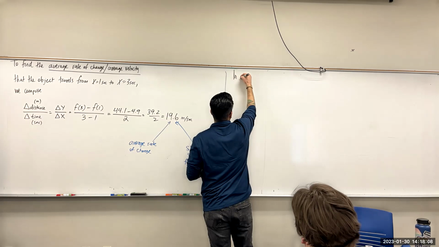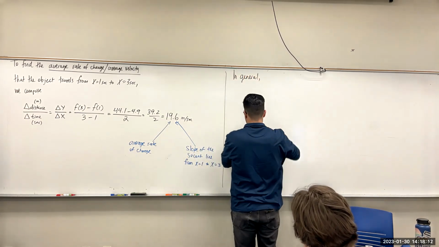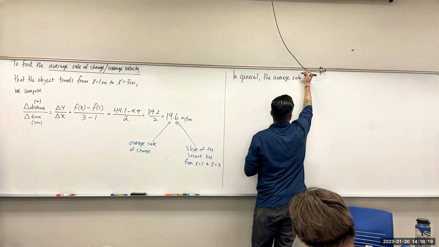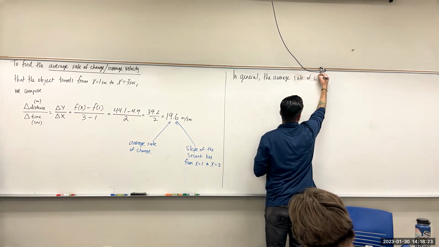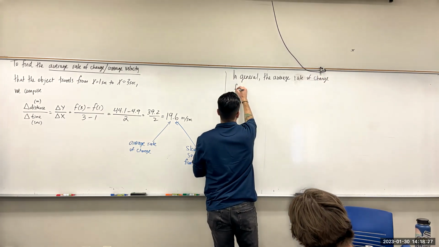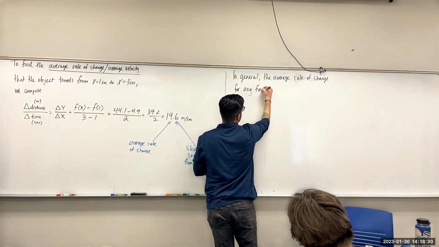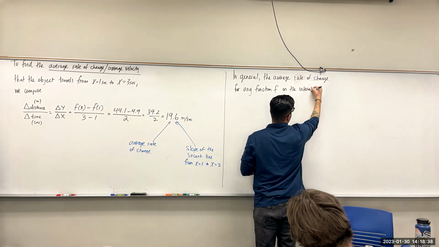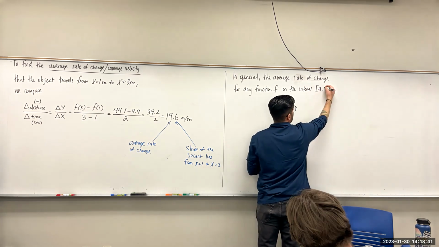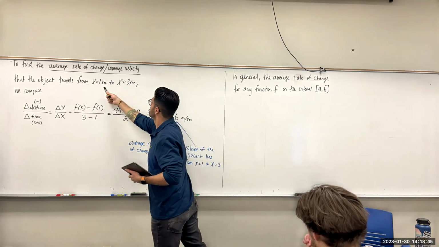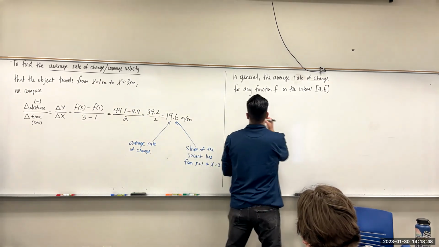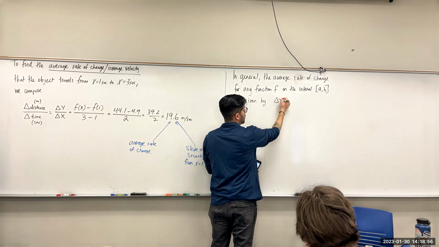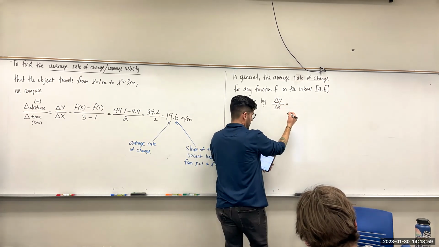And so in general, the average rate of change for any function f on the interval from x equaling a to x equaling b, like what we did right now, from 1 to 3, is given by finding the change in the y coordinates over the change in the x coordinates.